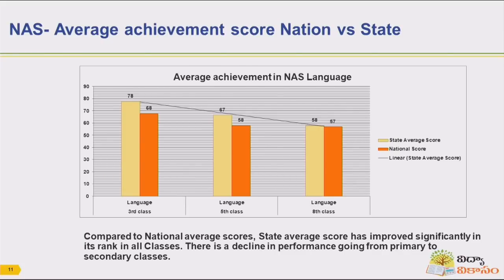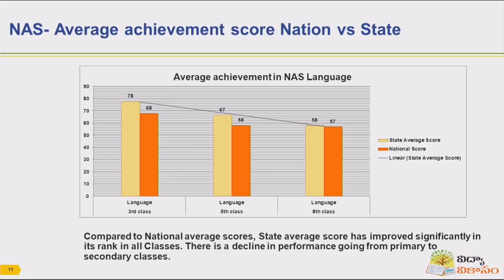Then, if you see this average achievement score, nation versus state, in this slide for language in 3rd, 5th and 8th classes, the state average and national average scores are shown. Yellow shows the state average score and orange shows the national score.